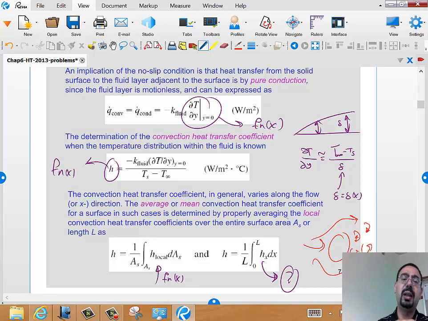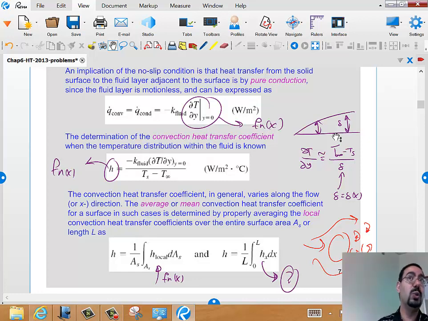So the strategy to calculate the Q convection is to say that Q convection is h times Ts minus T infinity, really at the wall, at the first layer, whether the air is moving or not.